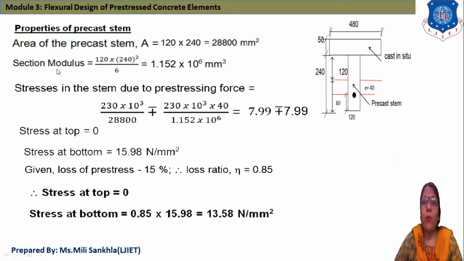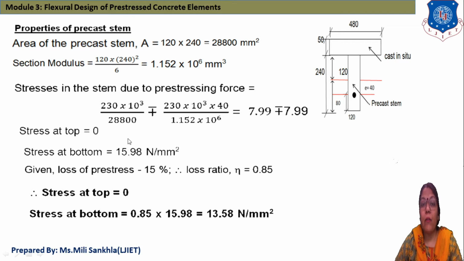Now section modulus is equal to BD square by 6. B is equal to 120, D is equal to 240, square by 6, and answer is 1.15 into 10 raised to 6 mm cube.